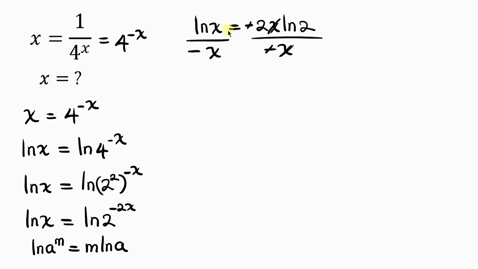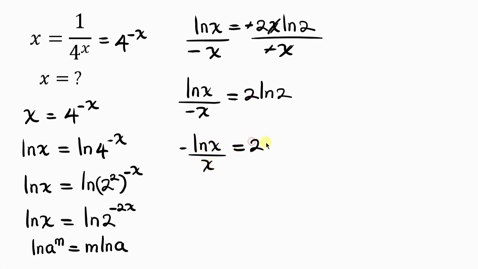So I have on the left hand side ln x all over negative x equal to 2 times ln 2. Now from the left hand side, ln x divided by negative x is negative ln x all over x. And this is equal to 2 times ln 2.